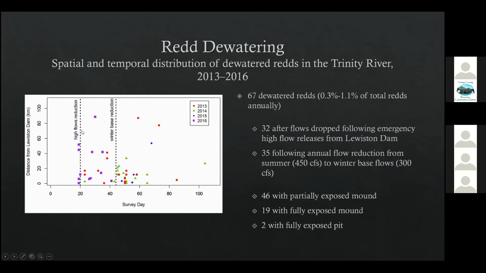Half of the redds that were dewatered occurred after the high flow reduction to 450 CFS. And then the other half of the redds that became dewatered occurred after the winter base reduction to 300 CFS.